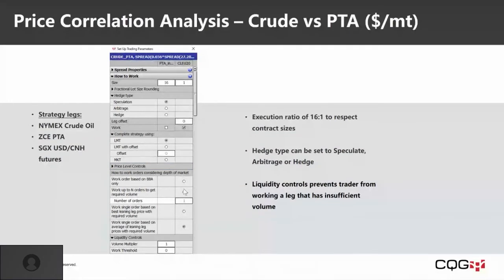If you are doing a little bit of size, because the PTA side requires a lot more lots compared to the WTI, given the differences in contract sizes, we can actually use different price levels to look for the remaining volumes. So we don't really necessarily have to look at the offerings on the best bid and offer. We can actually go a little bit deeper into the market.